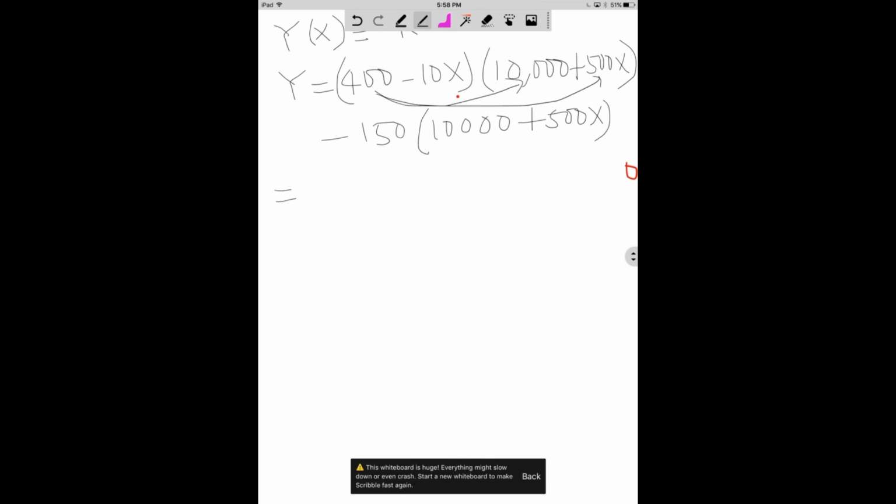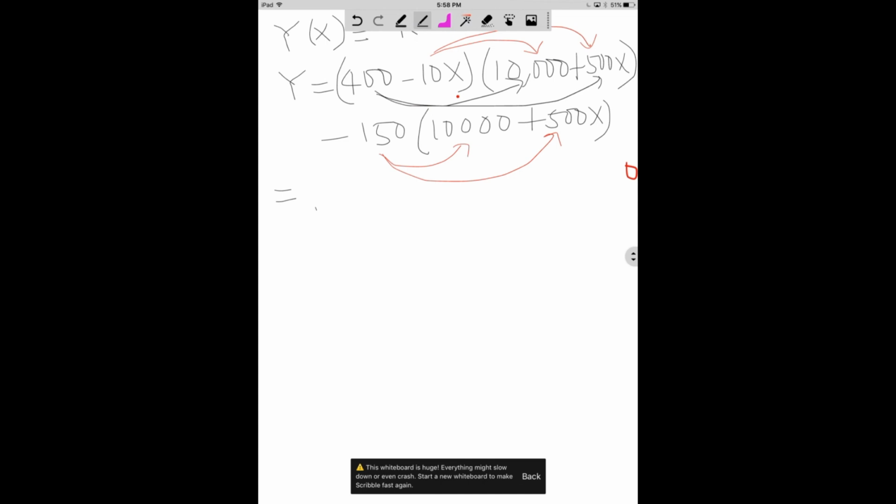First you need to multiply 400 and 10,000, then 400 and 500x, then negative 10x times 10,000 and negative 10x times 500x. The same thing, minus 150 times 10,000, then minus 150 times 500x. We need to open the bracket by using the FOIL method.